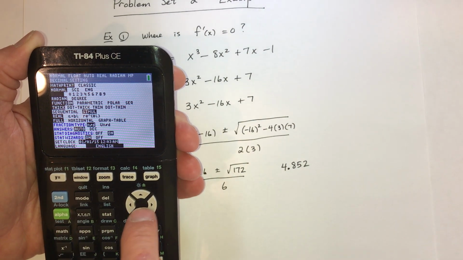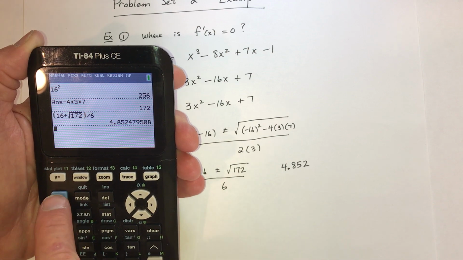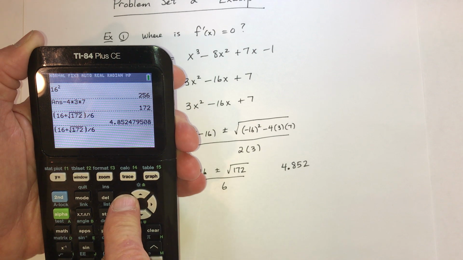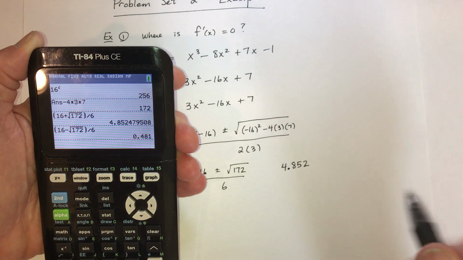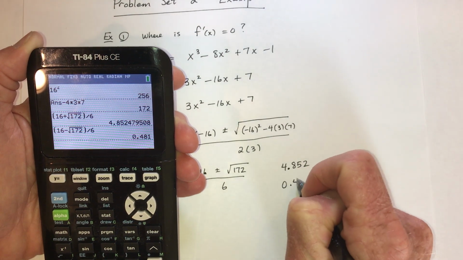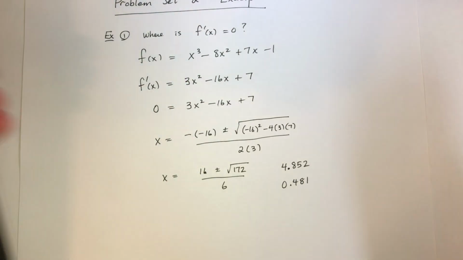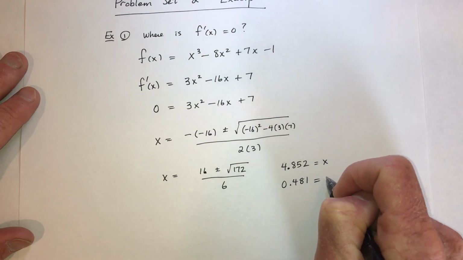And let me just change this back to 3 decimals, and then go second enter to get it back. And now change this to minus the square root of 172, and that's 0.481. Okay, so those are the two x values.